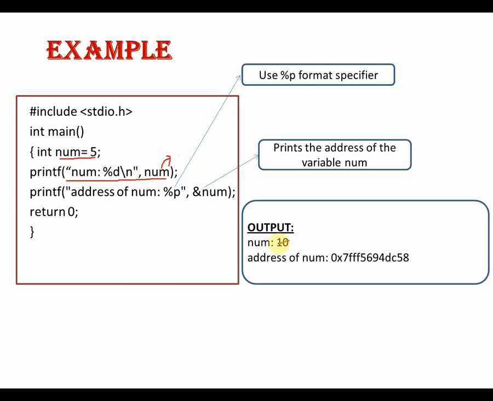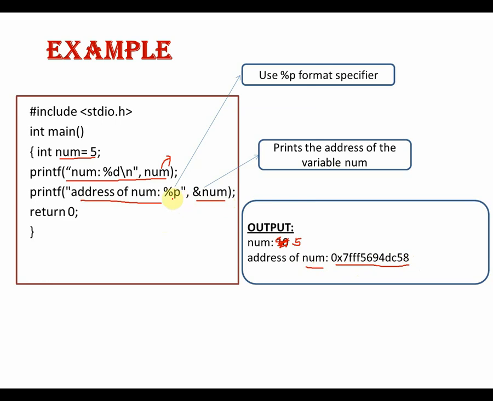Sorry, this is not 10 but this is 5. The output had a mistake. This is 5 not 10, because num has a value of 5. And when we print the address by putting an ampersand sign, the address in memory like this will be printed on the screen. So this is the address of the num variable.